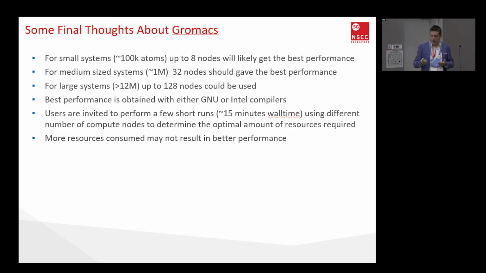So, of course, the key takeaway is that for small systems, you don't have to use a lot of nodes. You can use way fewer nodes than you did on Aspire 1, and for medium, you can use, let's say, up to 32, and for large systems up to 128. But the key takeaway message is that you don't have to limit yourself.